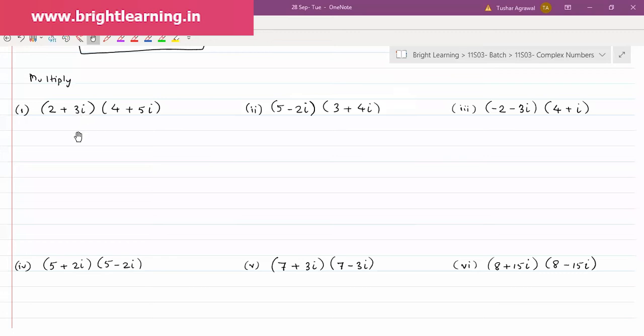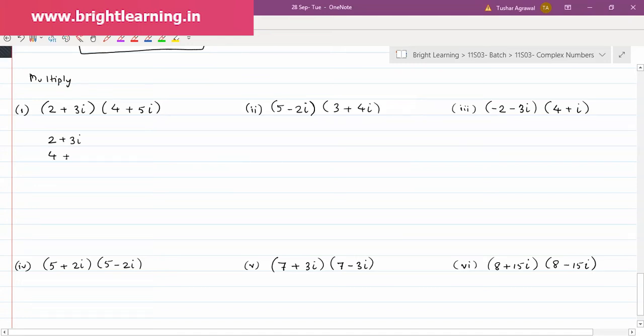Let's see. Okay. For initial practice, you can form the habit of writing 2 plus 3i, 4 plus 5i, and I will multiply it using the distributive law. Again, when I tell you that, I am actually telling you an incorrect statement, because I do not know whether complex numbers satisfy the distributive law or not.